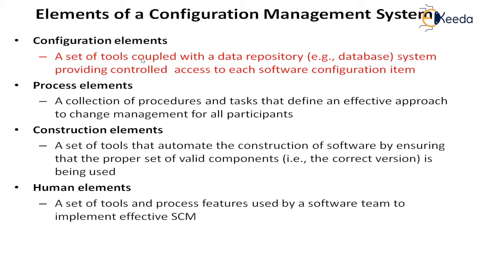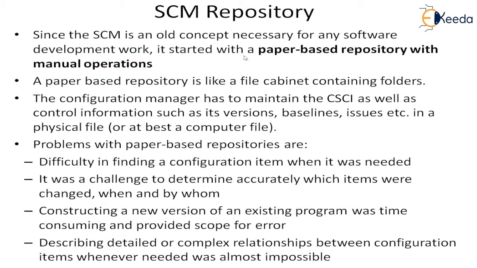So this is the first and foremost important element in a configuration management system that now we are going to see. So this is the SCM repository. Since SCM is an old concept necessary for any software development work, this SCM repository is a very old concept.